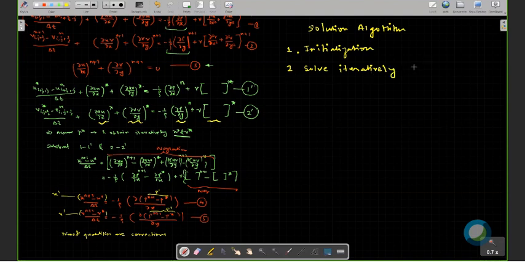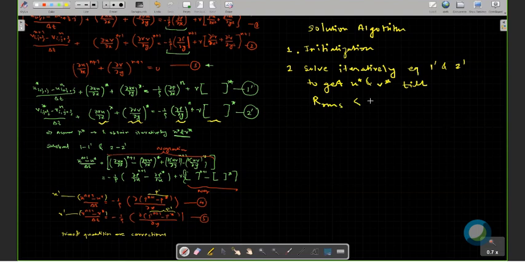Solve iteratively equations 1 prime and 2 prime to get u star and v star, until the residual RMS is less than some number.